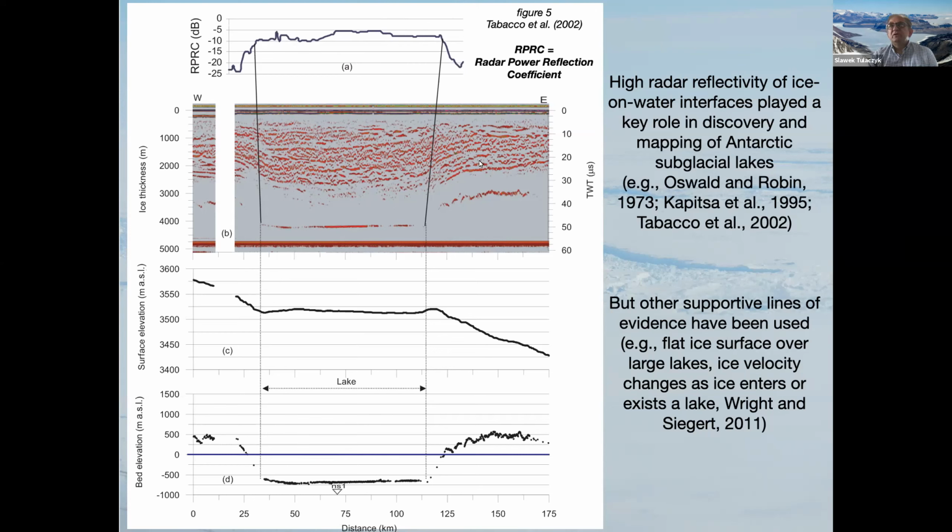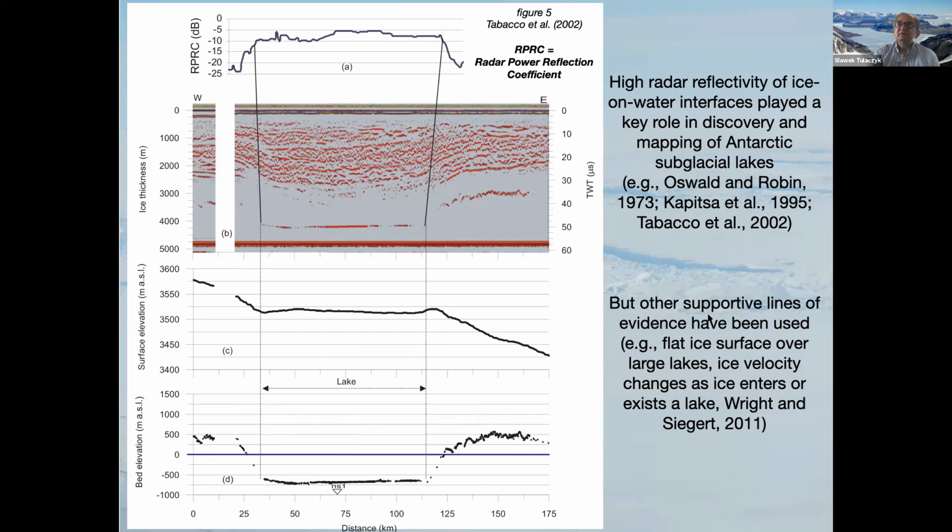Of course, in the first several decades of work on subglacial lakes, in addition to radar reflection strength, there were other criteria that were required or used to basically convince reviewers and others that what we're looking at are indeed large bodies of water beneath the ice sheet.